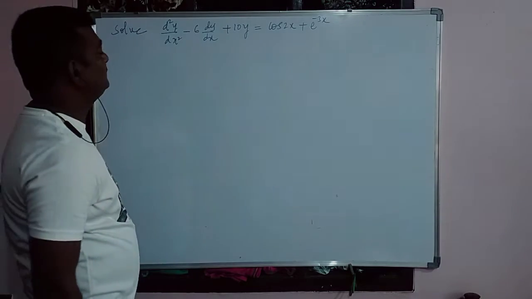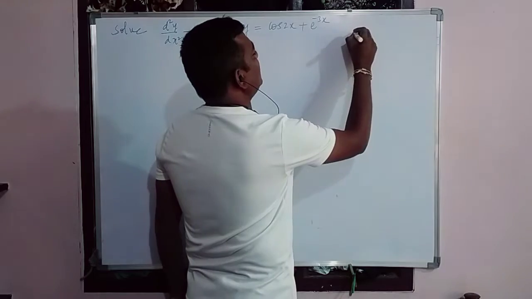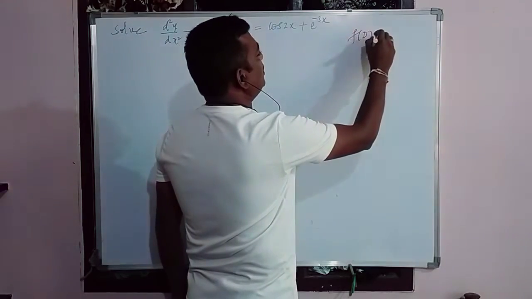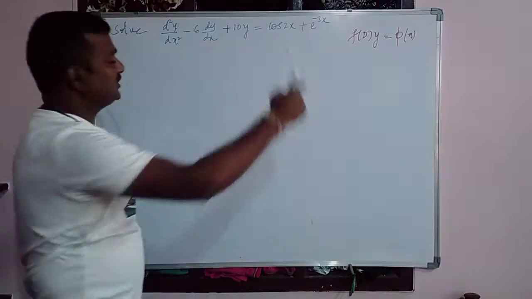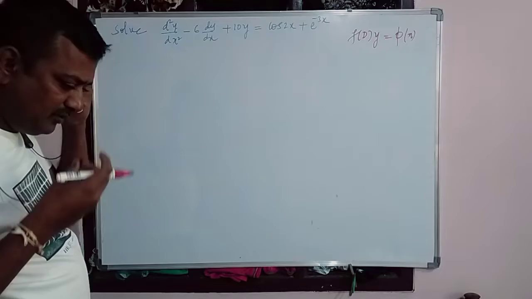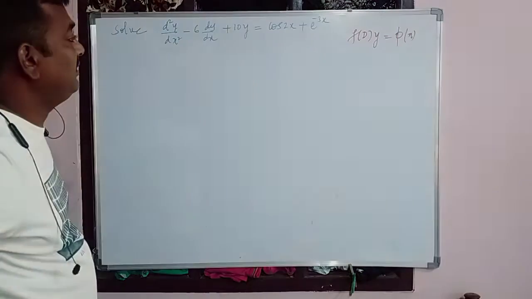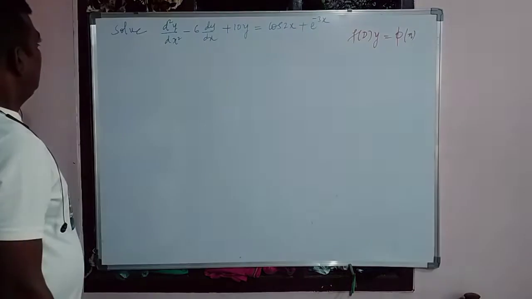First, we need to express it in a standard form. What is the standard form? F of D into y is equal to phi of x, where the left side is a function of D into y.